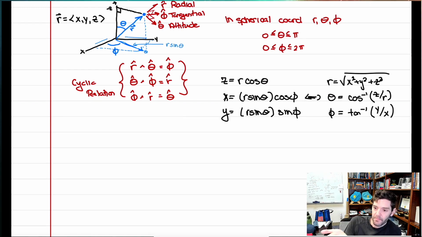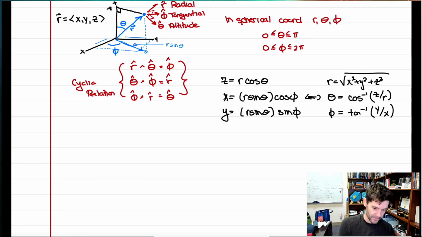Now, remember, like polar coordinates, these vectors are going to change when they undergo time derivatives. And for polar coordinates, it actually was useful to write down position vectors, velocity vectors, acceleration vectors, which you could do for spherical coordinates as well. I don't think we actually will ever need to do that, but you could.